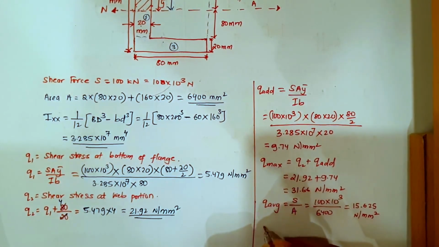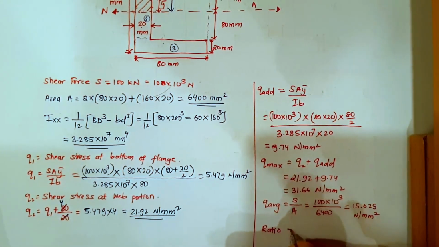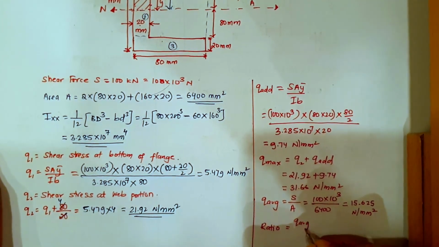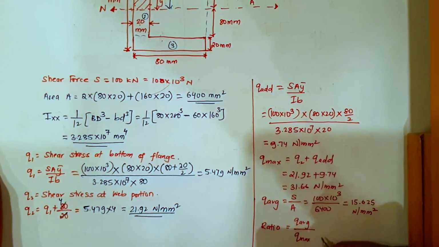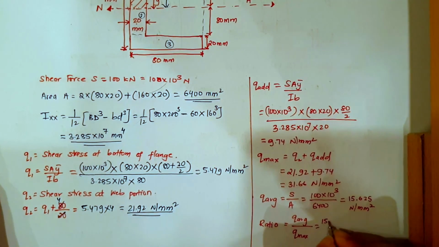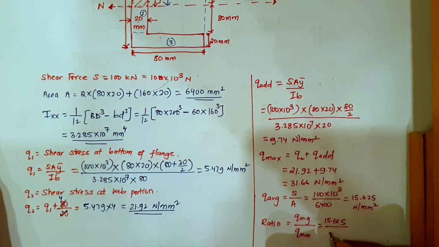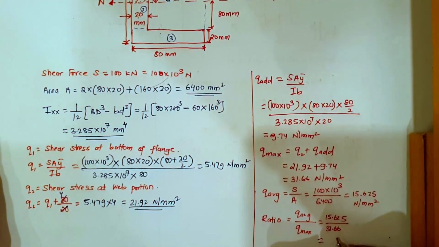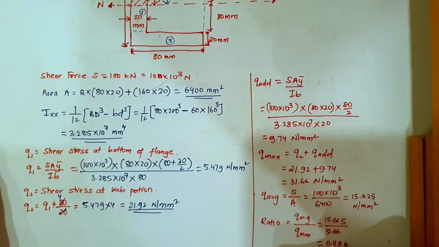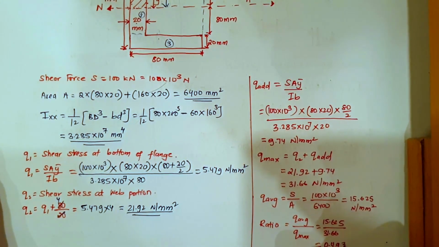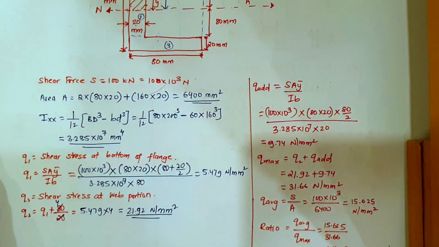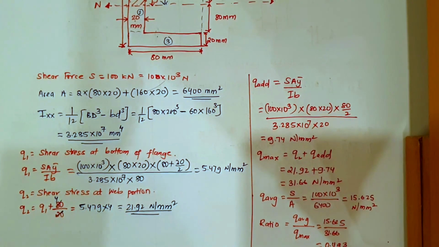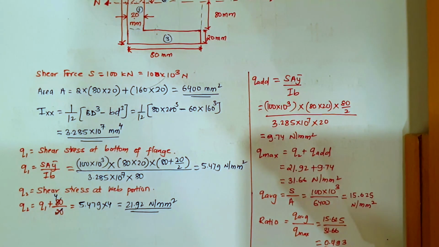We are asked to find the ratio. So ratio will be Q average divided by Q max. So average, how much did we get? 15.625 divided by Q max is 31.66. So this will give you ratio equal to 0.493. So this is the ratio. Okay, so we're just asked to find the ratio. So I hope this numerical is clear. So I'll see you in next session.